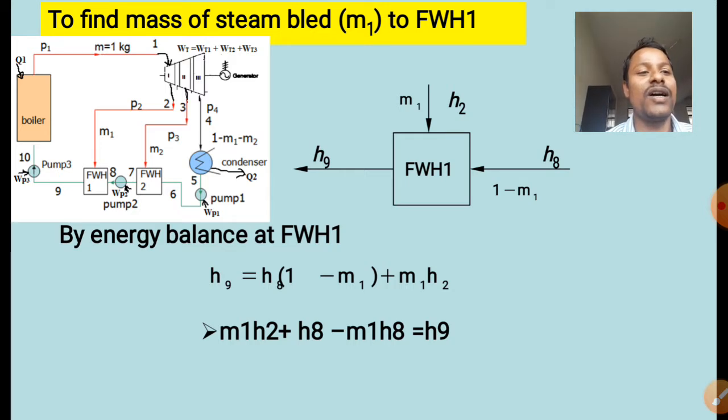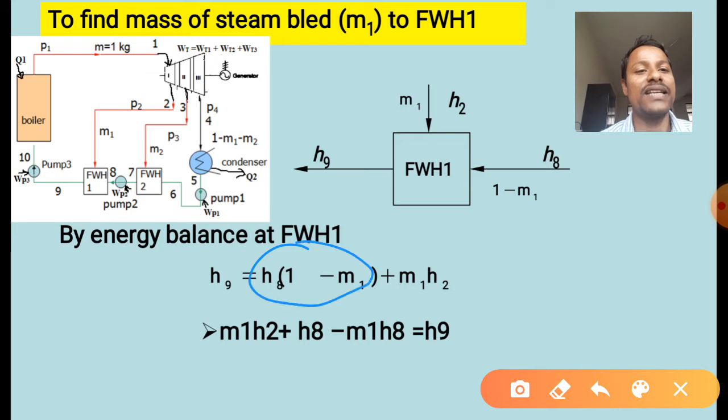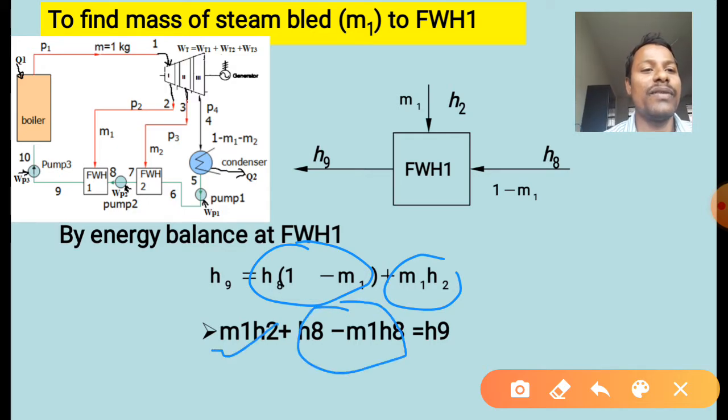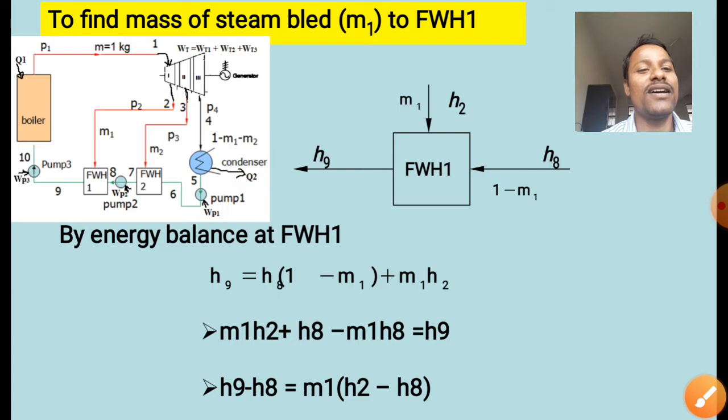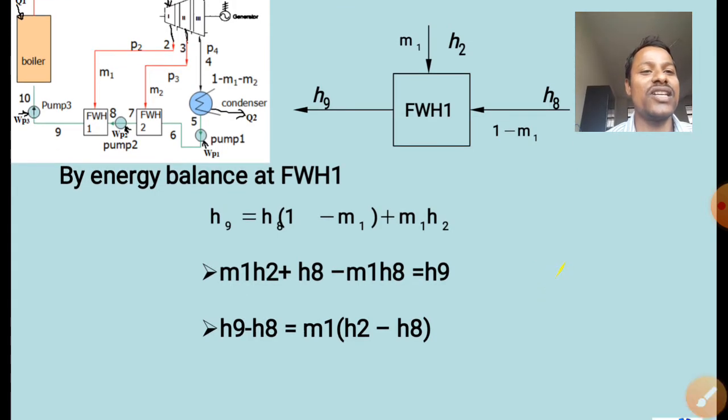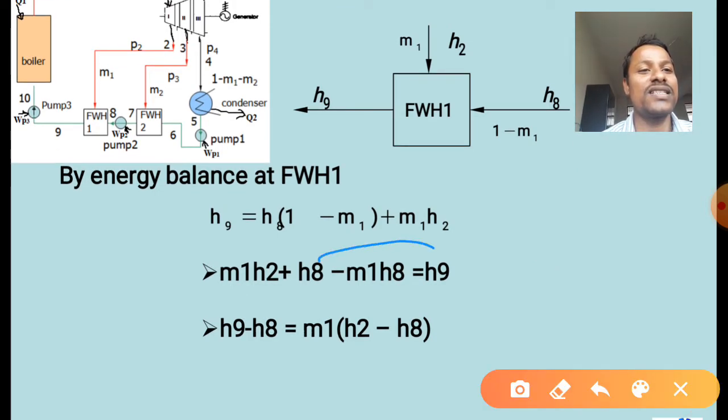So first we will open this bracket, that is M1 into H2, so we write it. Then H8 minus M1 H8, which is equal to H9. So then H9 minus H8, that is H8 combined with the H9 term, so H9 minus H8 is equal to M1 taken common from these 2 terms.